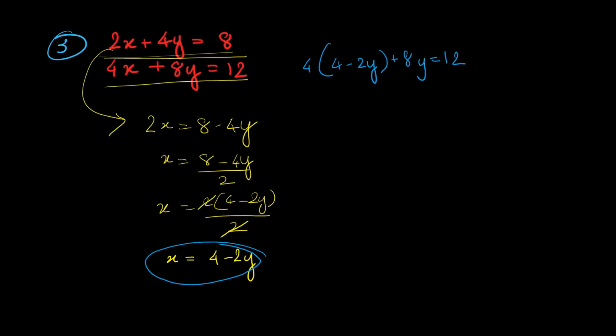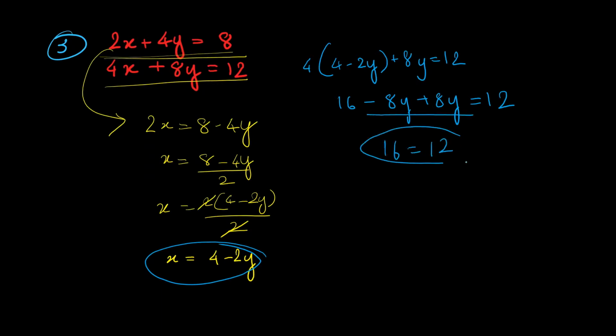Okay, now 4 4s are 16, and I have minus 8y and a plus 8y, and that equals 12. These two become 0, right? So I get 16 equals 12, which is not even possible, right? So basically this equation does not have a solution.